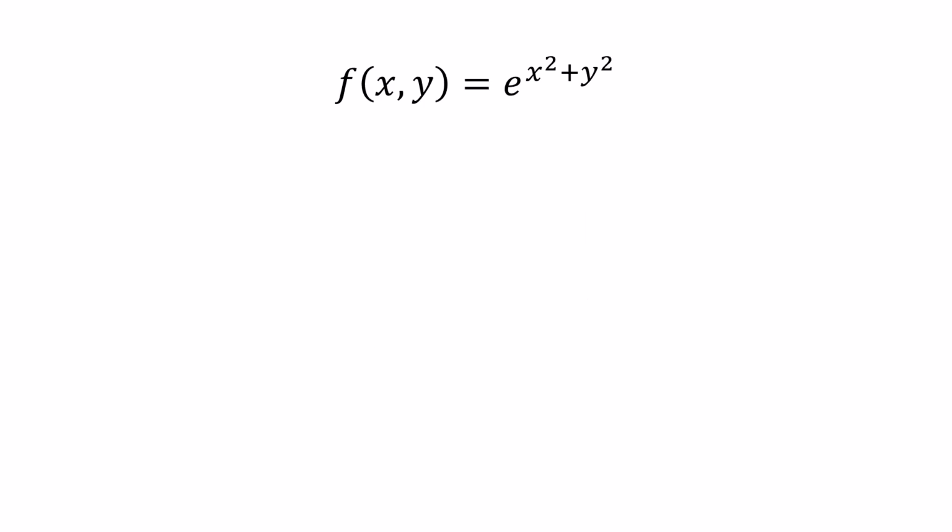Next, we find the partial derivatives of f(x,y) = e^(x²+y²). We first determine the partial derivative with respect to x.